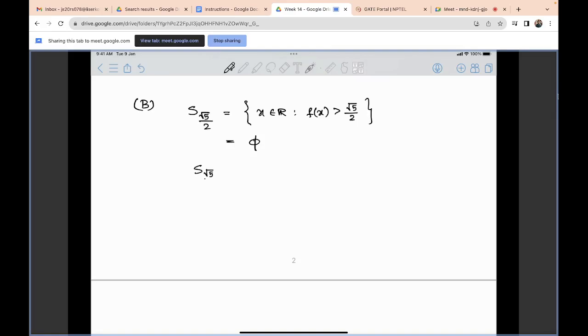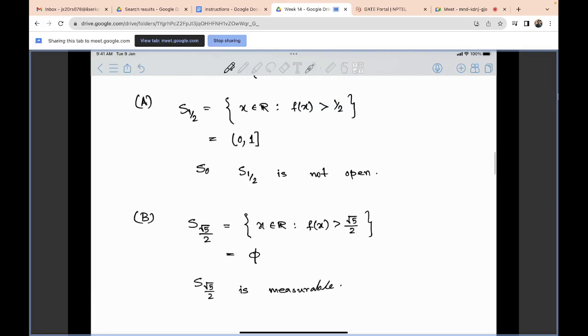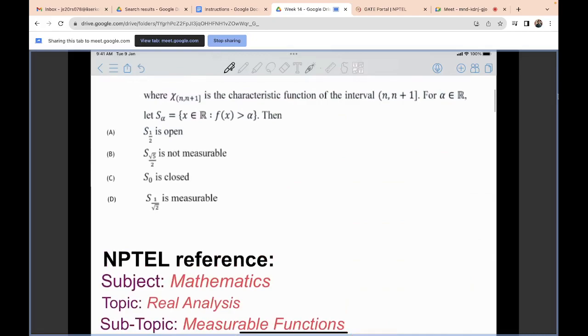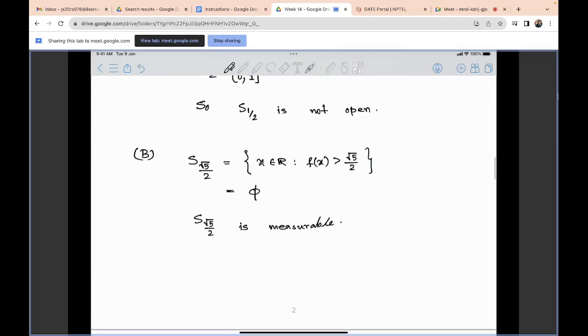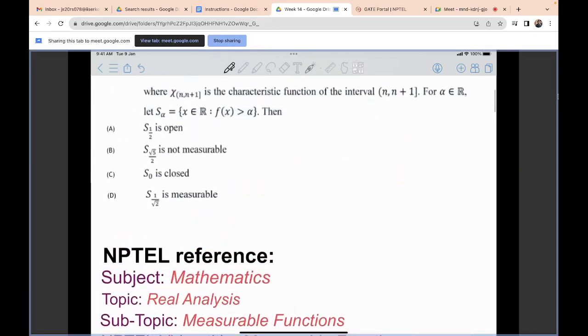So S root 5 by 2 is measurable. The option says it is not measurable, so this is false.